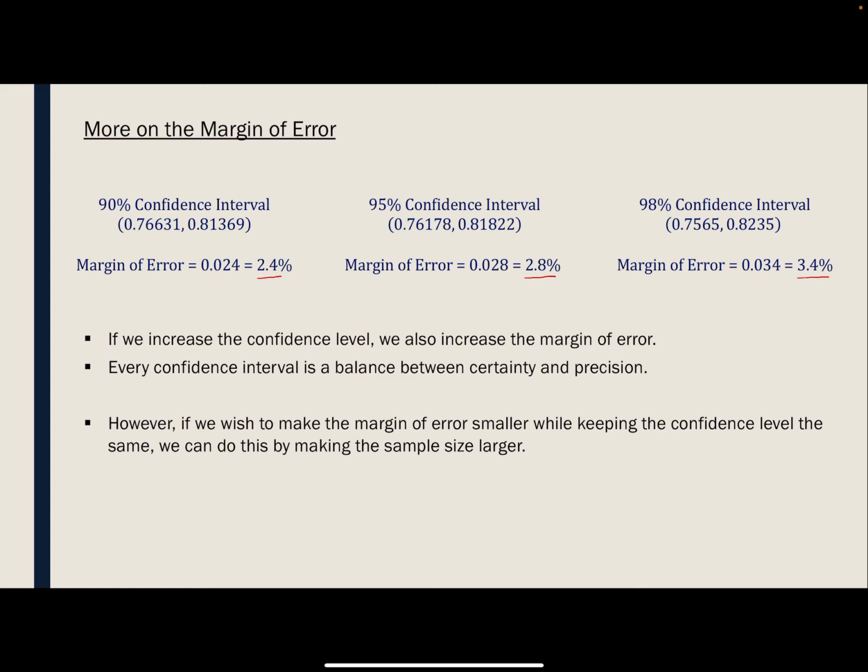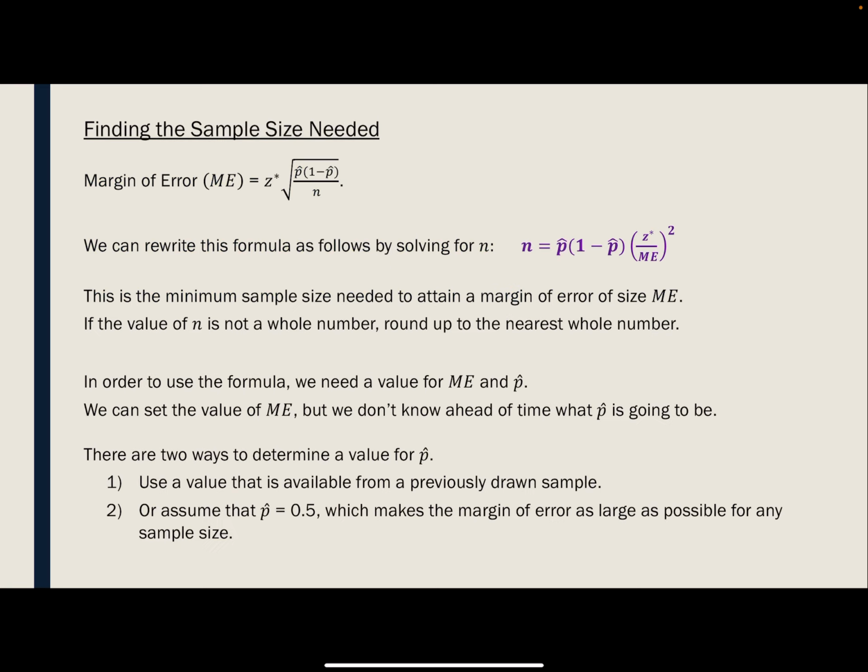Are we sampling 20? Are we sampling 100? Are we sampling 1,000? We should know that ahead of time. So we're going to use the calculations from the confidence intervals to figure out how large of a sample size we should have if we want to achieve a certain margin of error with a certain confidence level.